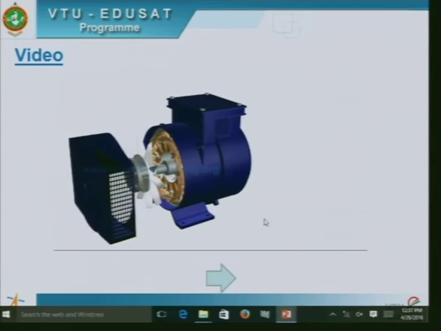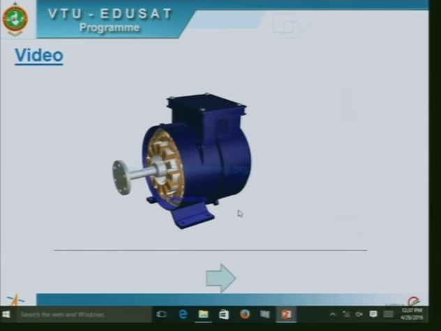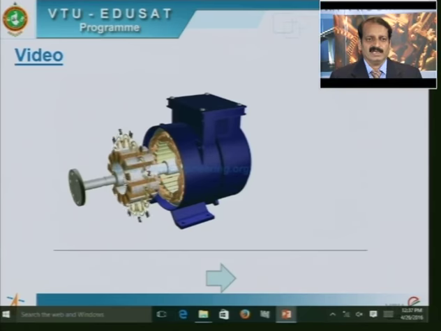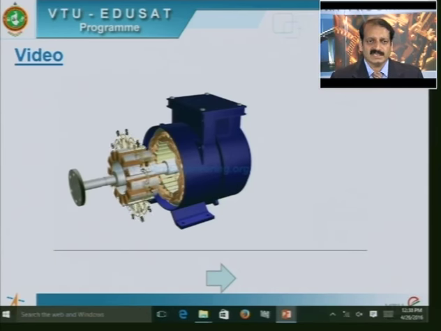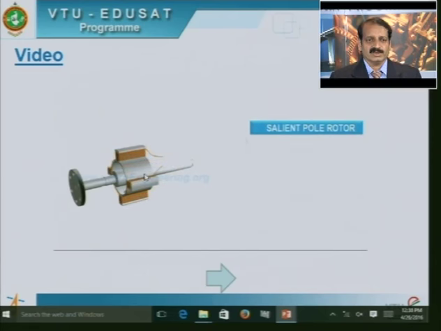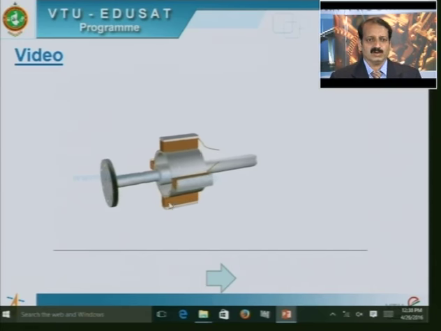This rotating field is used in a majority of the alternators. The rotor is rotating and produces a magnetic field, and this rotating magnetic field cuts across the conductors provided in the stator. This type of rotor is called a salient pole rotor, because the poles are projected outside.